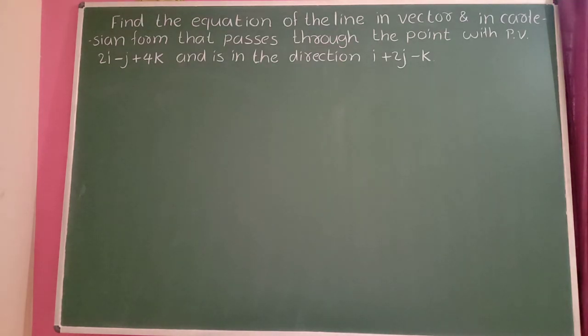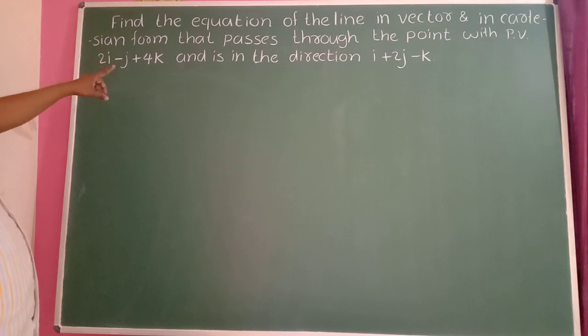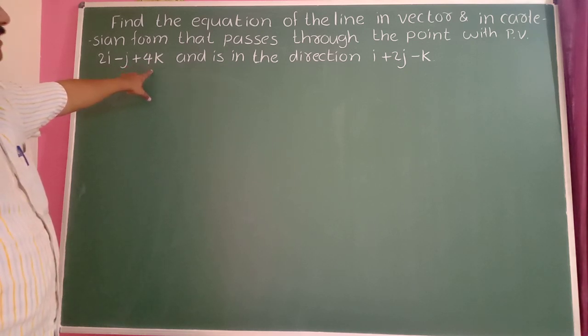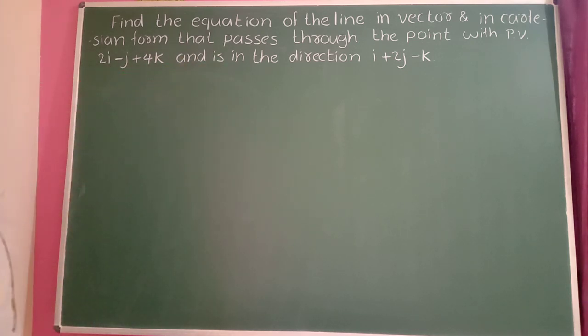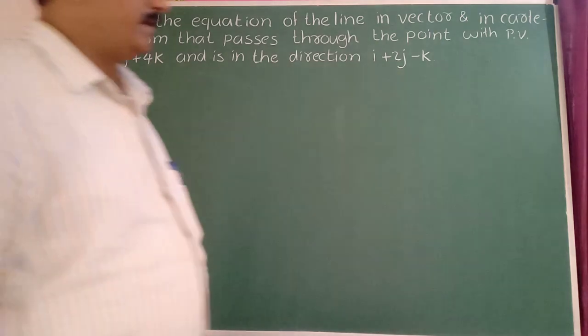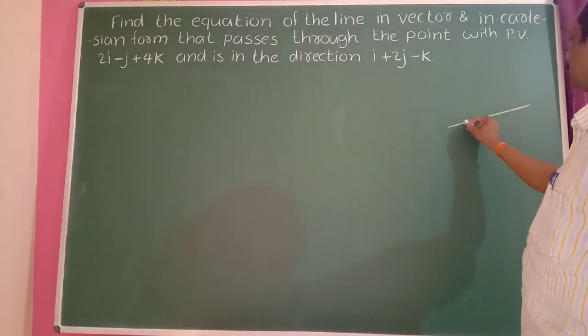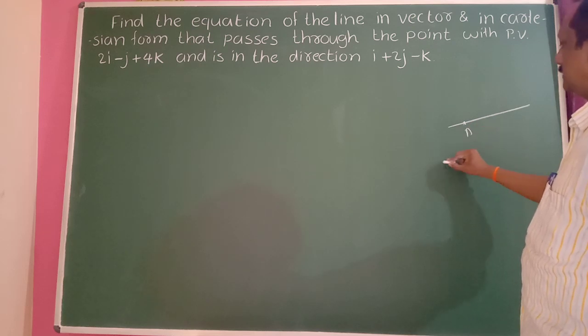So even this is also just like the previous example. Find the equation of the line in vector and Cartesian form that passes through the point with the position vector 2i minus j plus 4k and is in the direction of i plus 2j minus k. Means the line passes through a point, it's a position vector.